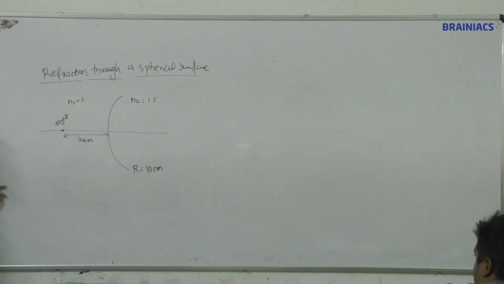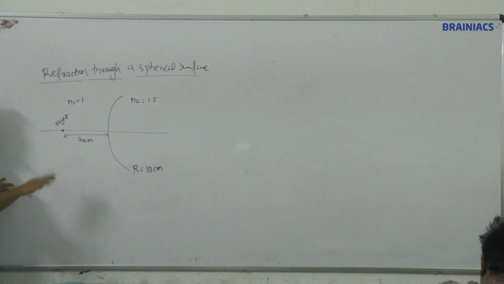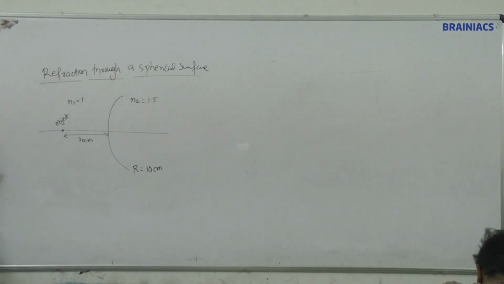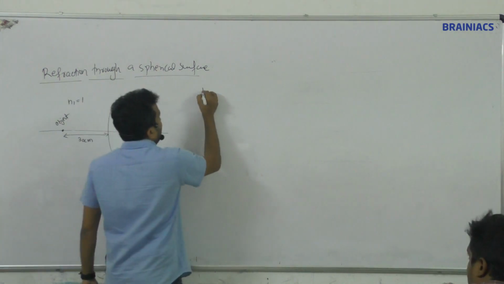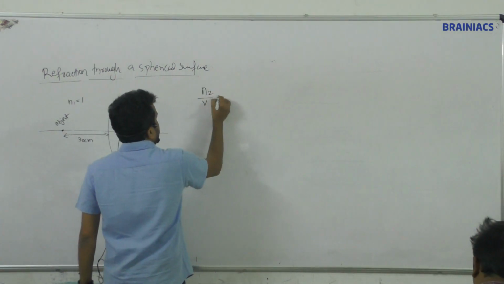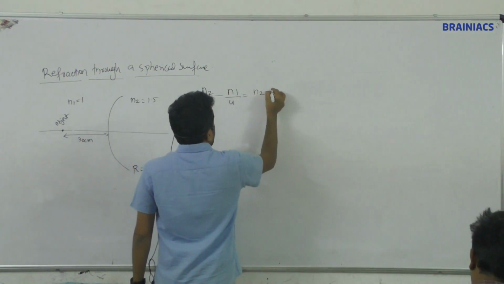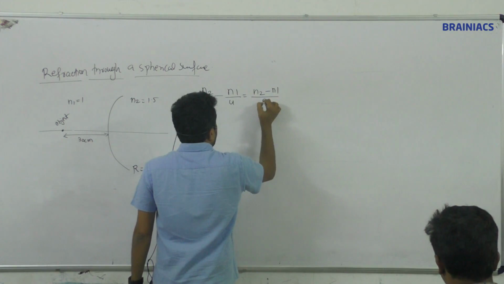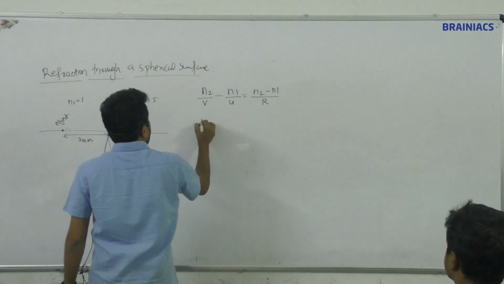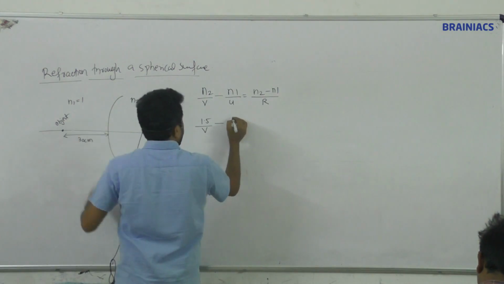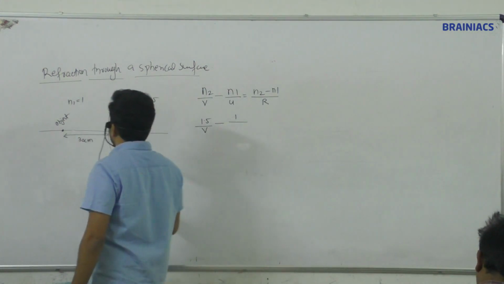So we know it's a refraction through a spherical surface. Right side is glass, left side is air. So we have to apply the formula: n2 divided by v minus n1 divided by u equal to n2 minus n1 divided by r. n2 is the second medium, 1.5 divided by v, n1 is 1 divided by u.